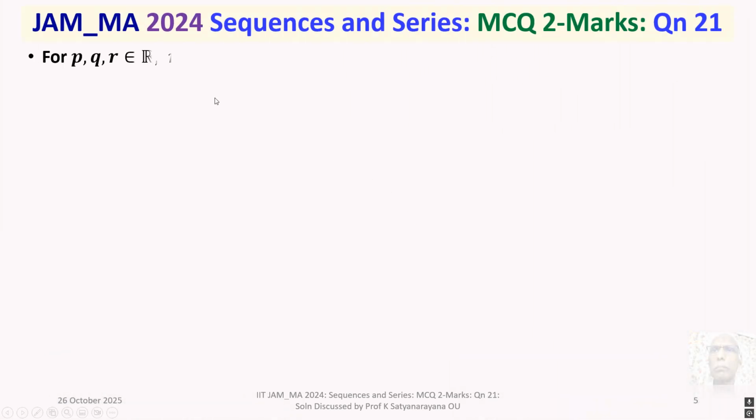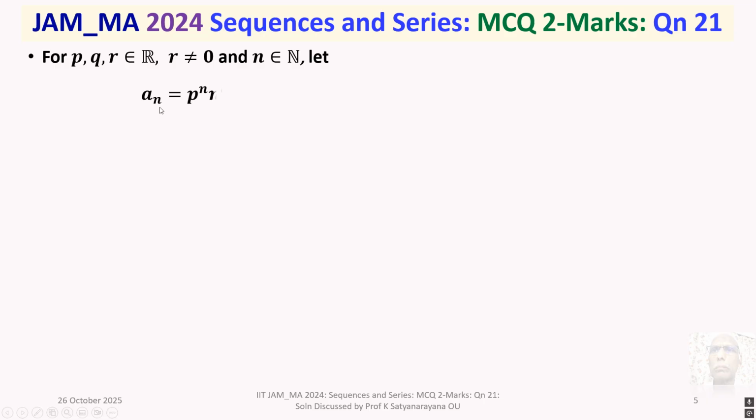Right. The given question is: for p, q, r belonging to the set of real numbers, p, q, r are non-zero real numbers, and n belongs to N, N is a natural number.